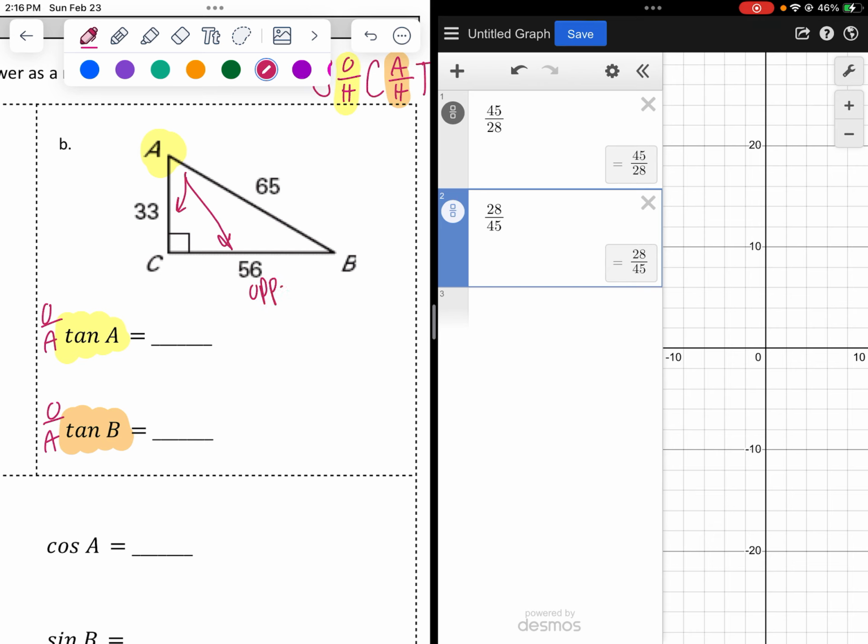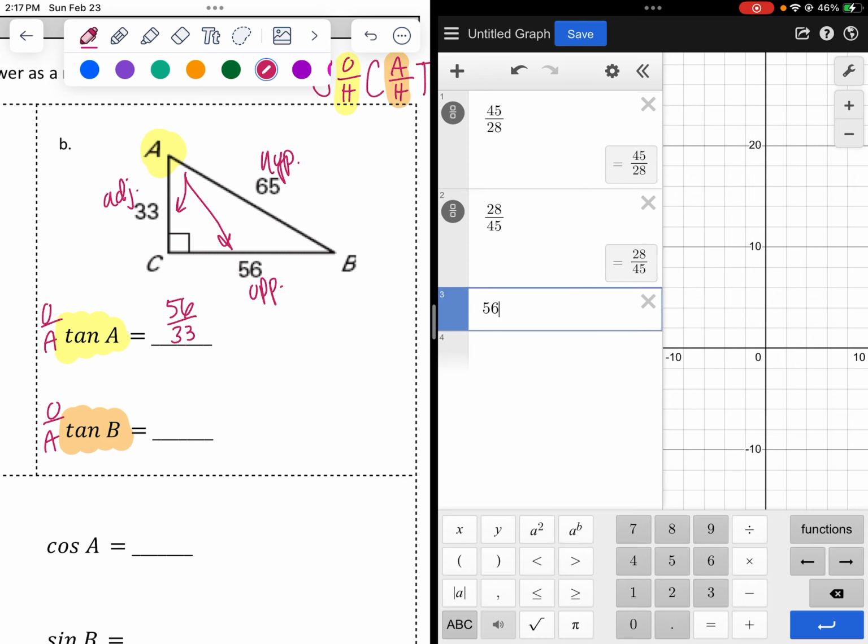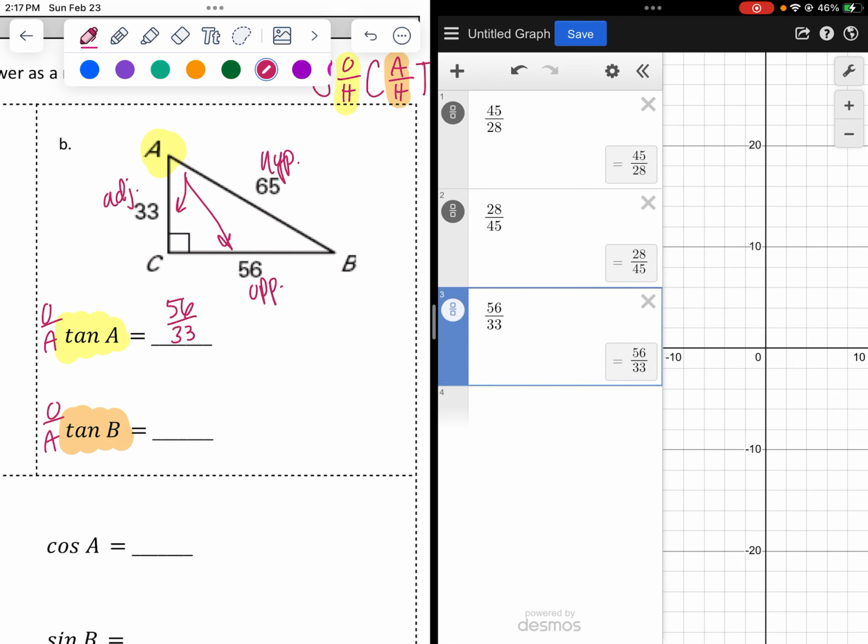Right next to A is my adjacent. Across from my right angle is my hypotenuse. So tangent of A, already my opposite over the adjacent is 56 over 33. I'm going to go and type in 56 divided by 33. And this one also does not reduce, so that is my finalized answer.